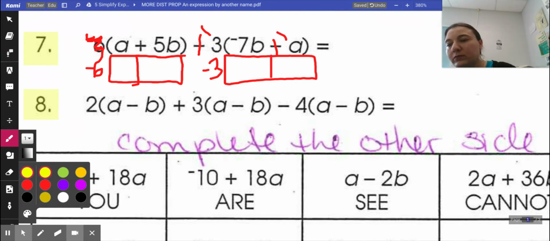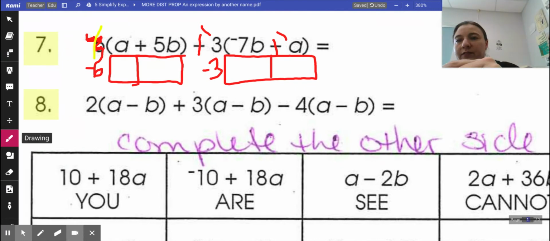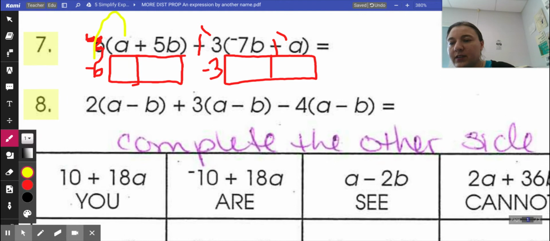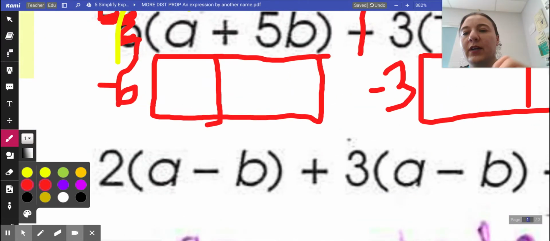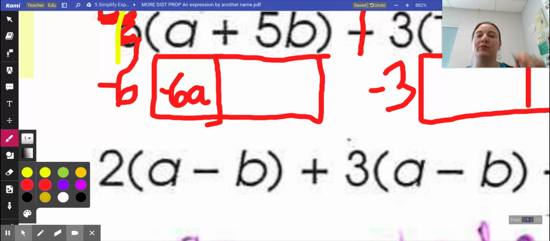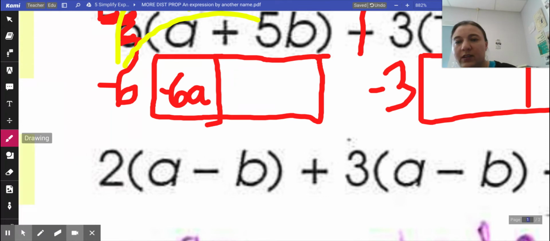So negative 6 times a is a negative 6a. You can't do it, so you copy it. I don't know what a represents, so just put them together. It implies multiplication. A negative 6 times 5b is a negative 6 times 5, which would be a negative 30, and then we're going to copy the b.